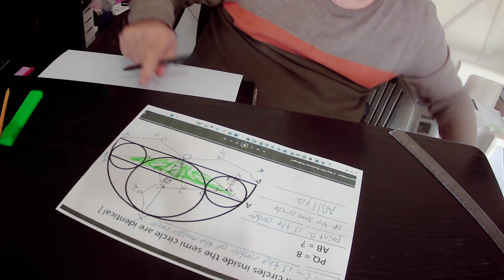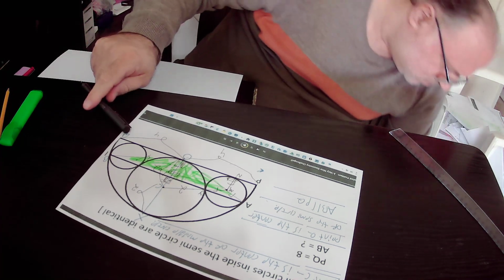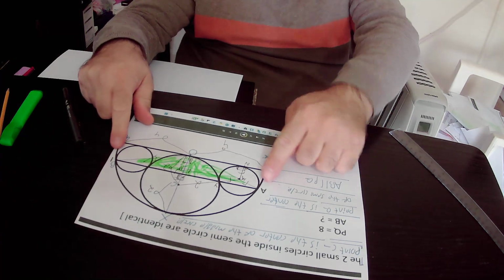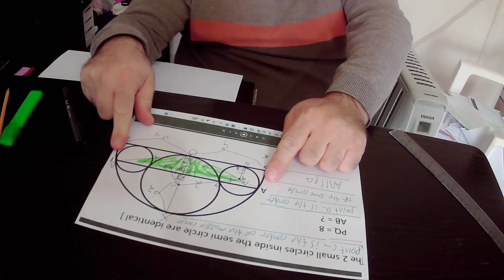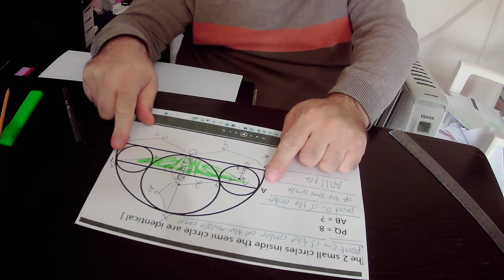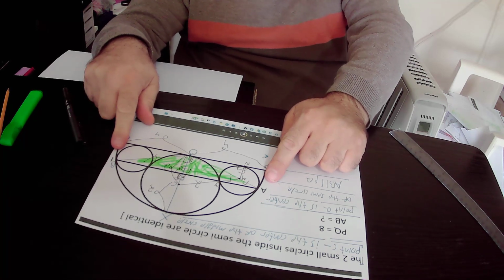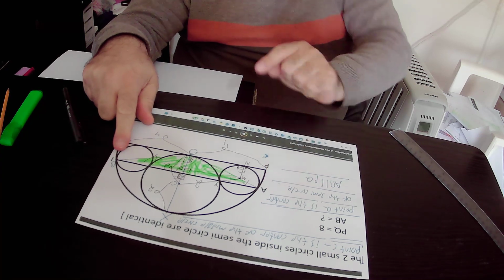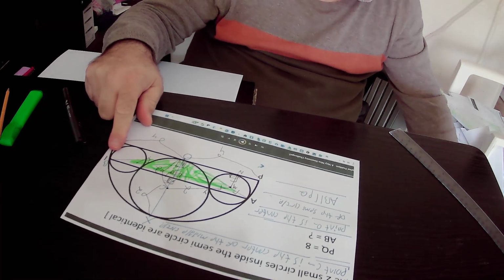We found out that AB equals either 16 over 3 times square root of 2 units, or in terms of numbers, chord AB equals 7.54 units. Okay, so now I'll summarize the lecture.